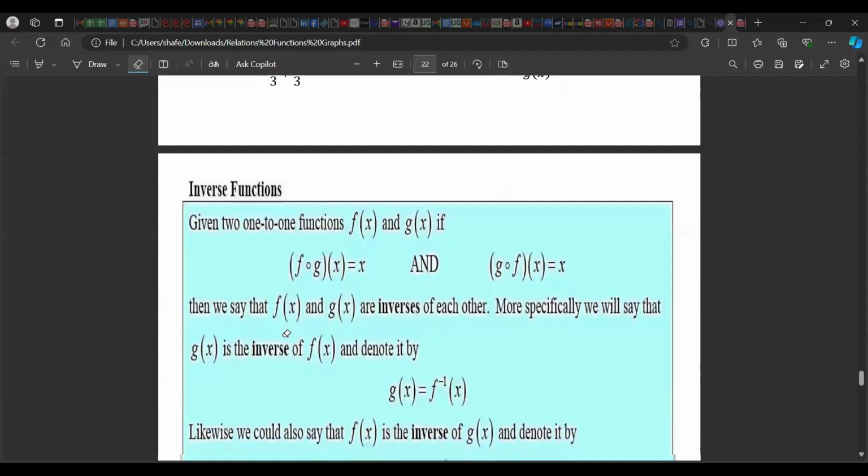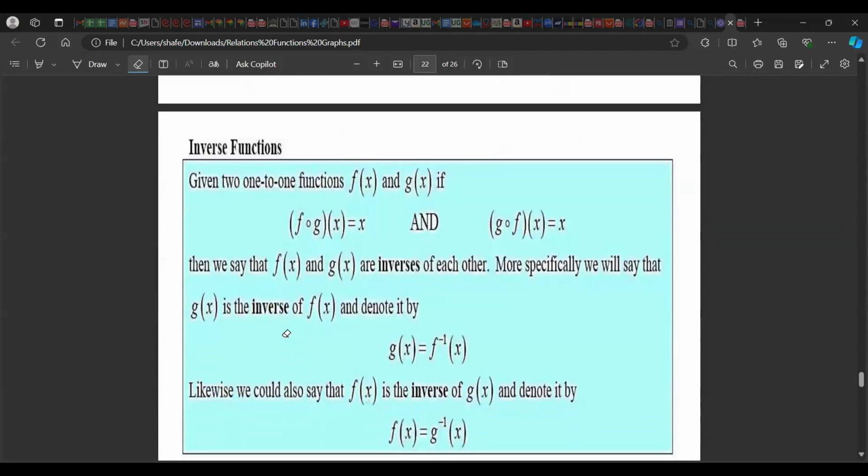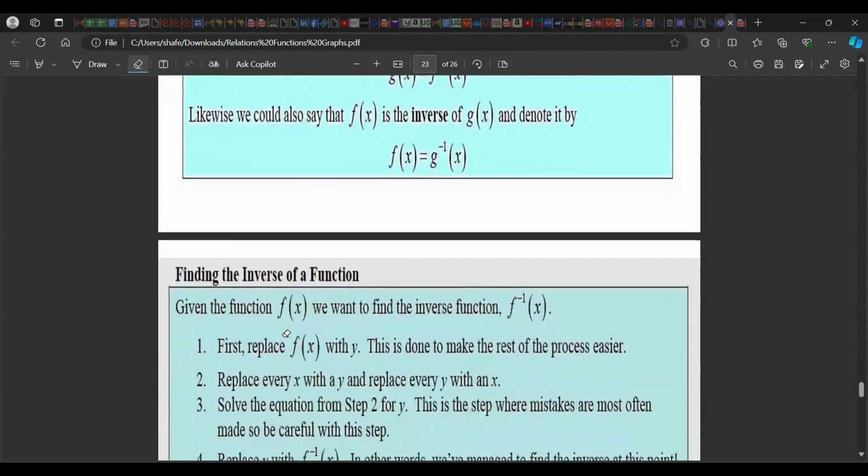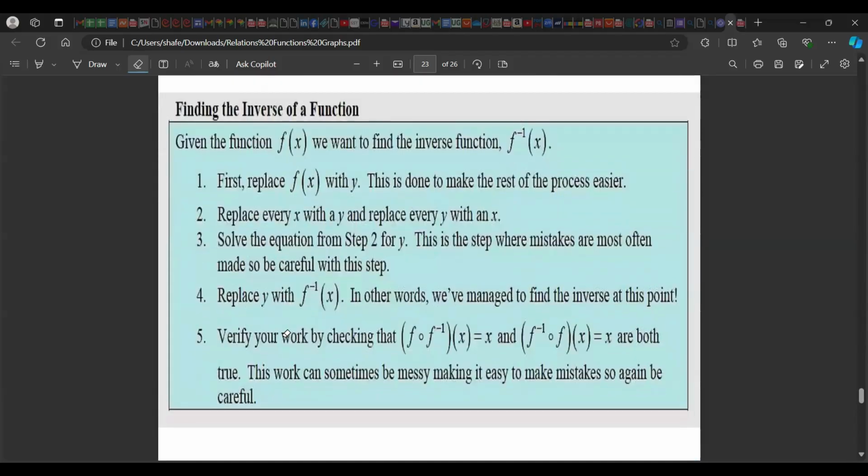Now, how do you actually go about finding the inverse? This is the process here. You first let y be equal to f(x), very easy. Then you interchange x and y. Where you see x, you put y. Where you see y, you put x.